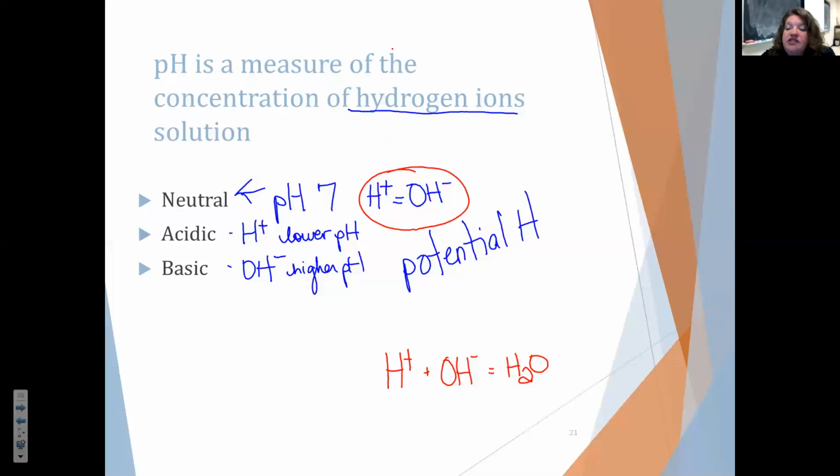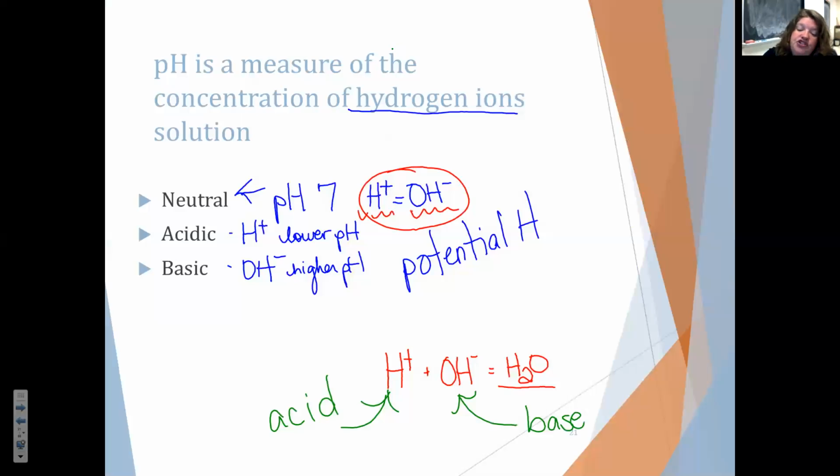So if we can make a substance where the hydrogen ion and the hydroxide ion concentration are equal, those will combine to form water. If we have more of the hydrogen ion released in solution, that's giving us an acid. And if we have more of the hydroxide ion released in solution, that's giving us a base.